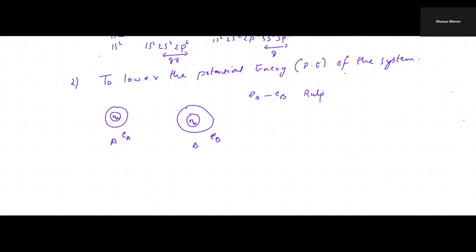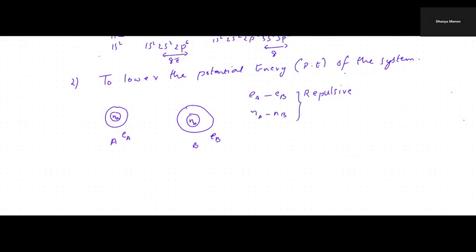There can be repulsive forces. Similarly, for nucleus A and nucleus B, there can be repulsive forces because both are like charges.